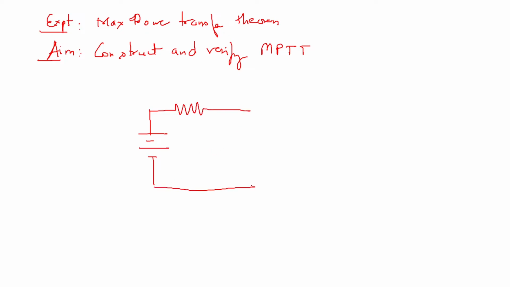This will be our main circuit, and when we want to measure the current flowing through the circuit, we will put an ammeter in series. The ammeter range will be 0 to 100 milliamperes, and let the resistance of the circuit be 1 kilo ohm. Let the voltage source Vin be from an RPS, around 10 volts.